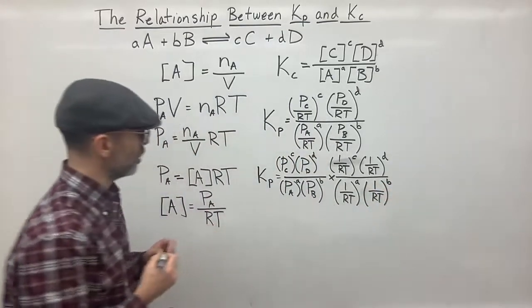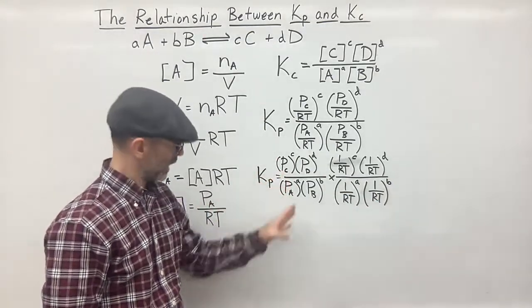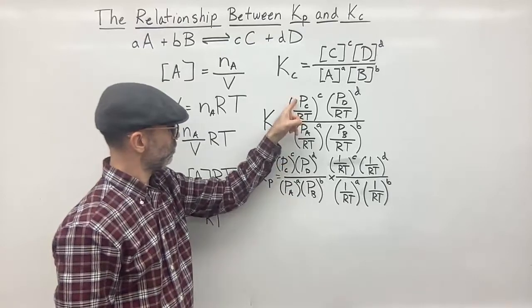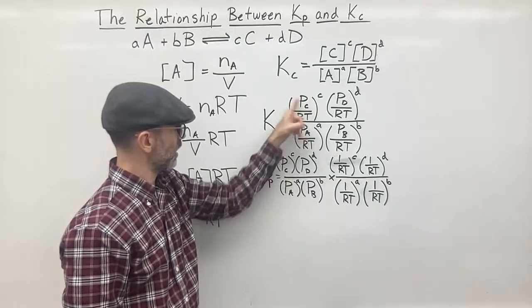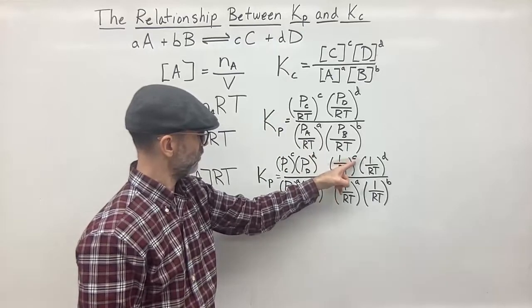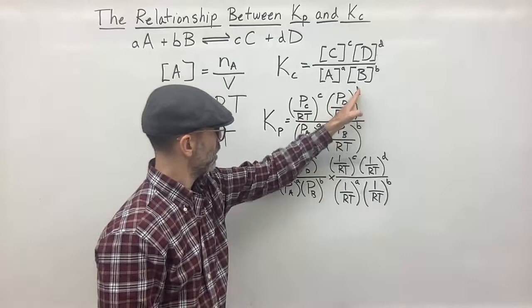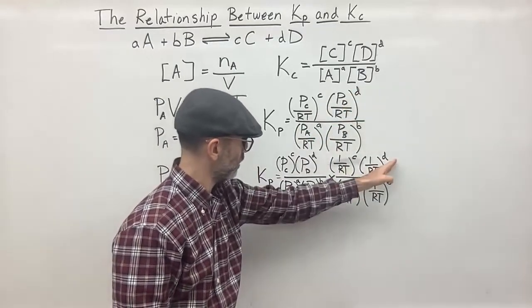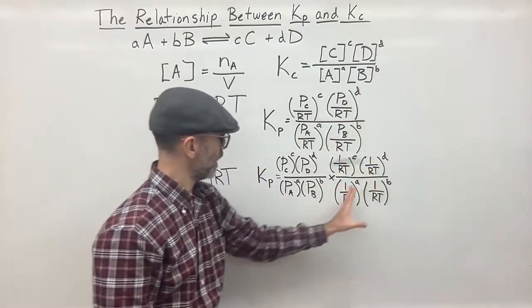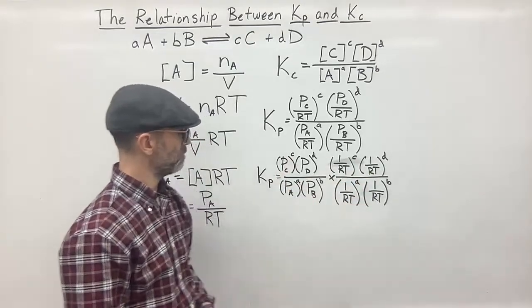All we've done so far is take the 1 over RT in here and pull it out. So it's raised to the C power. We pulled out the 1 over RT to the D here, and now we have this expression.